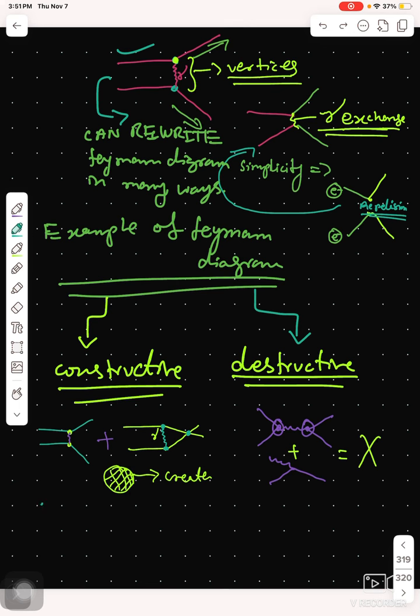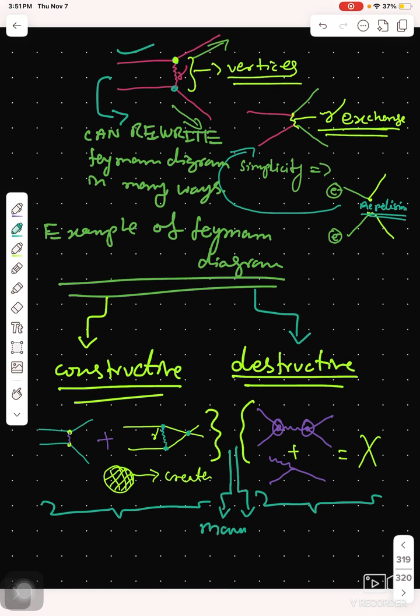Like what I was telling here, this alternative probability, because what we are doing is trying to combine them, and when we don't look at them, there can be many Feynman diagrams when not observed.